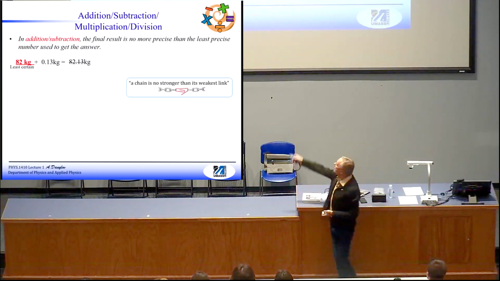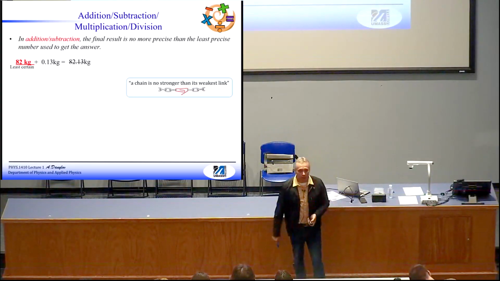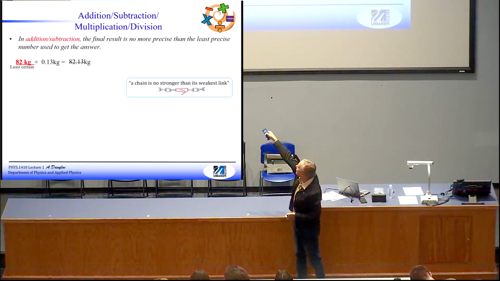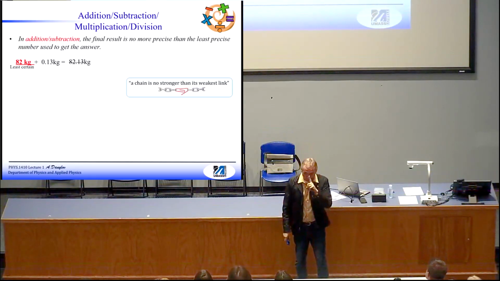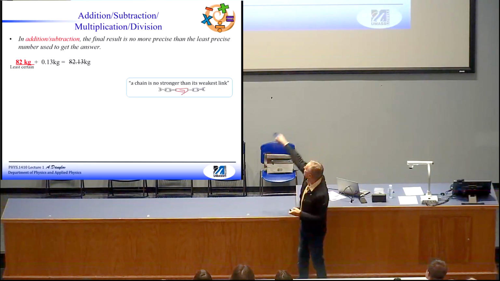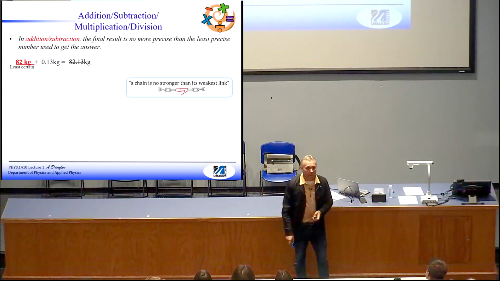So in this case, the least certain is 82 kilograms, and this level of uncertainty, in this first digit before the decimal point, must be used in our final result. The uncertainty of the final result must be in this digit, which is determined by that number.